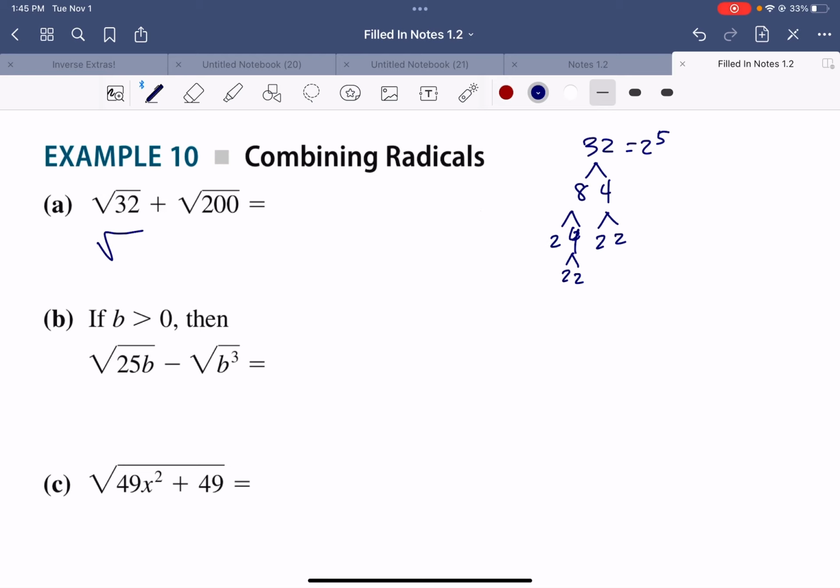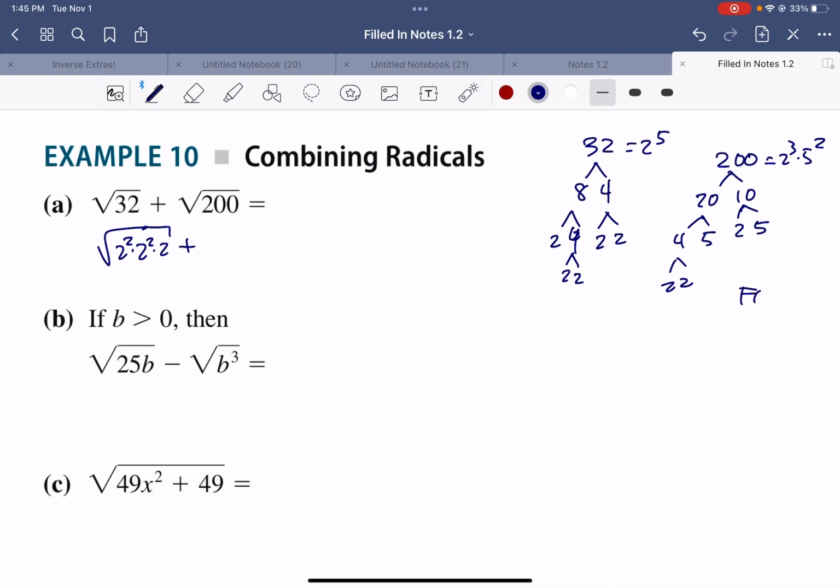So again, like we said earlier, that's a 2 to the 5th. It's a 2 squared, and a 2. But then 200 is just, what? 20 times 10, that's 2 times 5, that's 4 times 5, and that's 2 times 2. So it's 2 cubed times 5 squared.